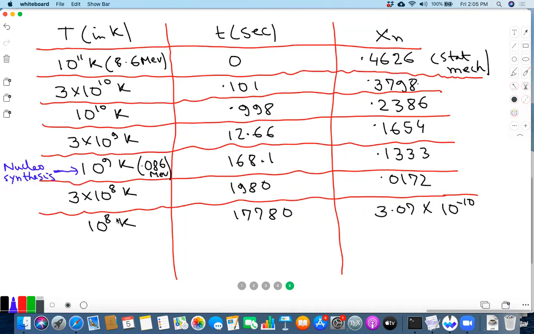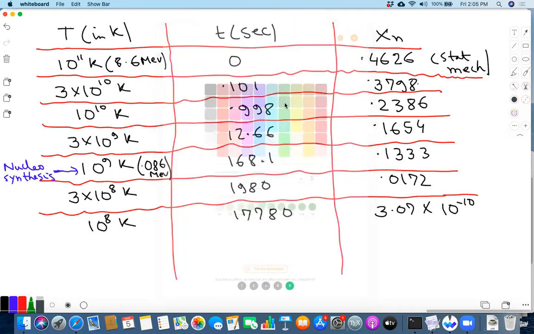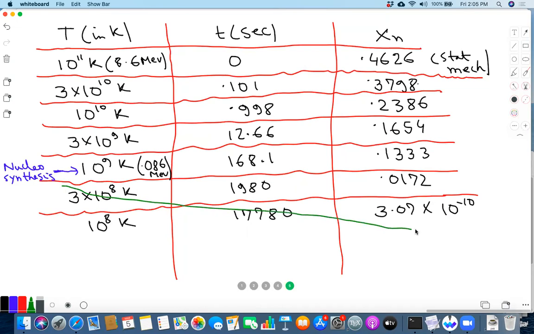So these numbers are not trustable because this ignores the presence of nuclei. But if we just follow those equations without worrying about the nuclei, these are the numbers we'll get. And the other point is that in this region it's StatMech, and lower down here it is neutron decay.